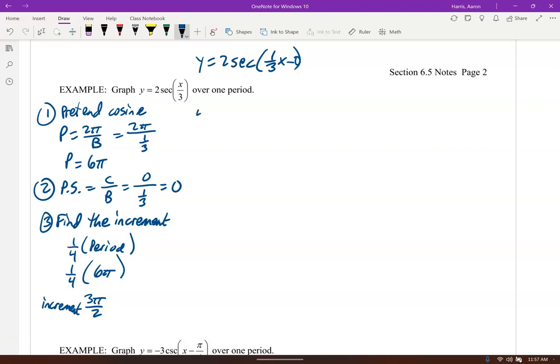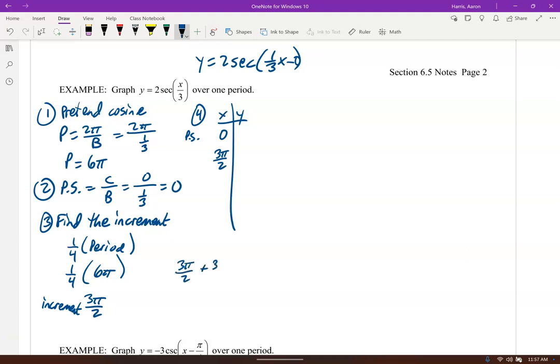So when we're plugging in points, we're going to go ahead and start at our phase shift point, and we'll go up our increment each time. So 0 plus 3 pi over 2 is 3 pi over 2. And then I'll go up another increment from 3 pi over 2.